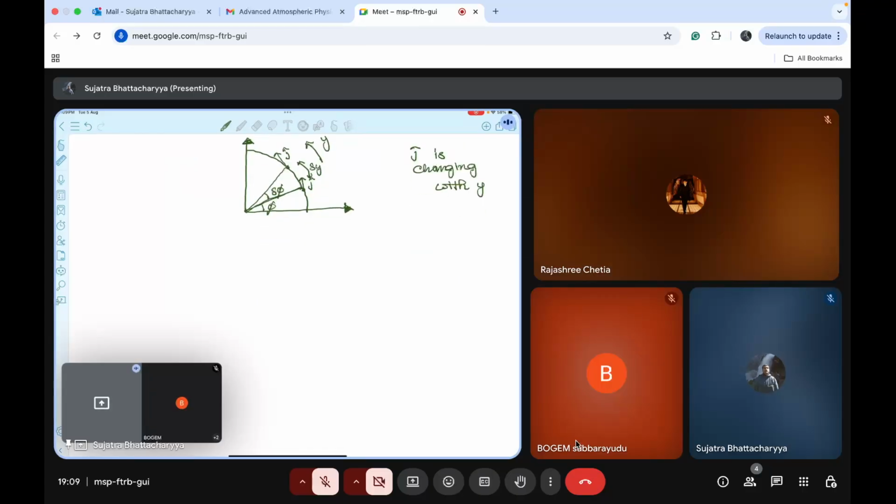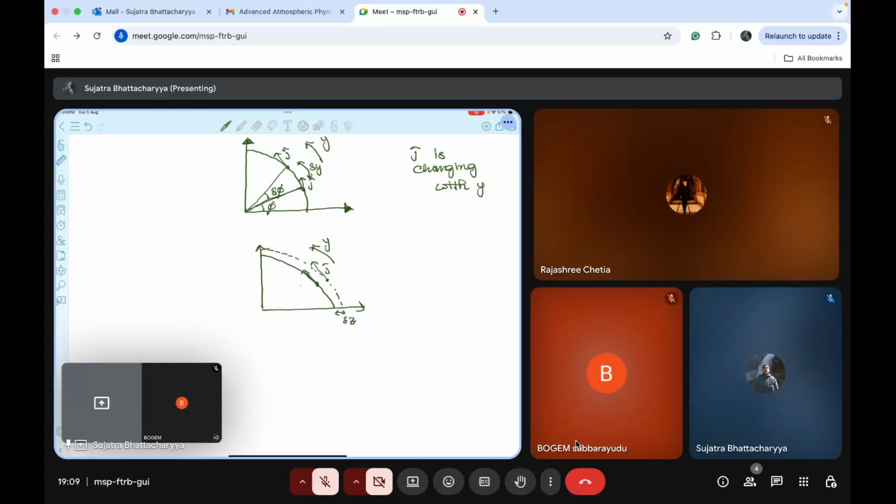Is it a function of, say, z? Let's see. Make a diagram in the same way. For that, let us make a delta z. This is your delta z. This is your y direction. So suppose here you have a j hat. Here you will have a j hat.